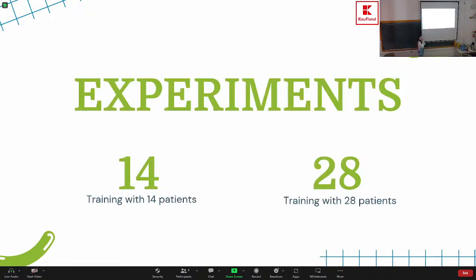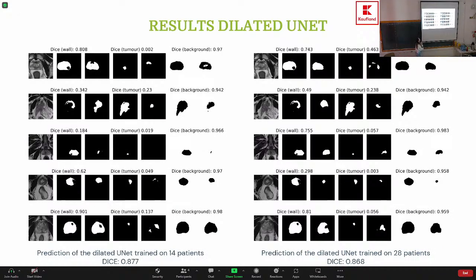And as experiments, I want to see exactly how the dataset affects the performance of every model. I trained each of them with 40 patients and another version with 28 patients. From the dilated units, these are the results. The dice is the mean of all these 5 testing volumes.